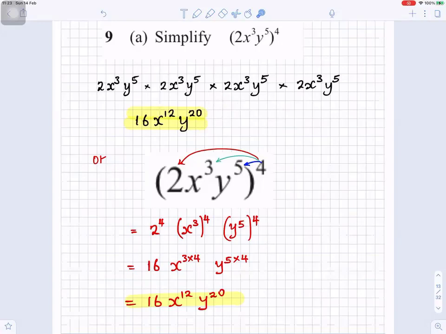Another way to do it without writing it out like that, you do 2 to the power 4, that gives you 16. x cubed to the power 4, you do 3 times 4, that gives you 12. And y to the 5 to the power 4, 5 times 4, it gives you 20. That's another way to do it.